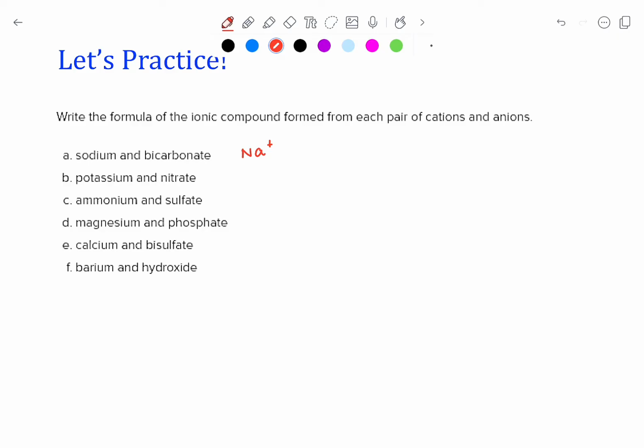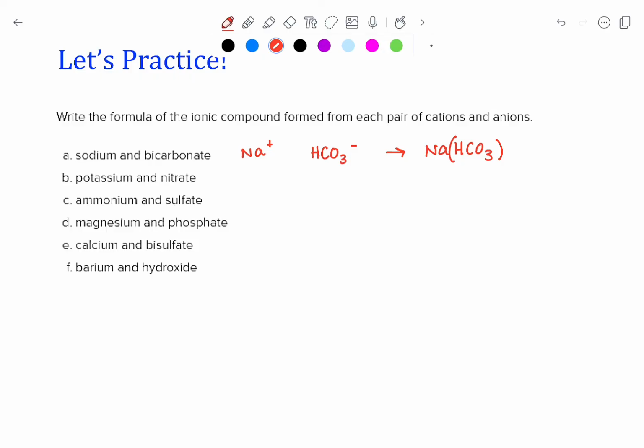Bicarbonate is on our list. It is HCO3-. So they have equal but opposite charges, meaning that this ionic compound is NaHCO3. It's neutral, there's no charge. If it's easier to see that way, you're welcome to put the polyatomic in parentheses. That's totally fine.